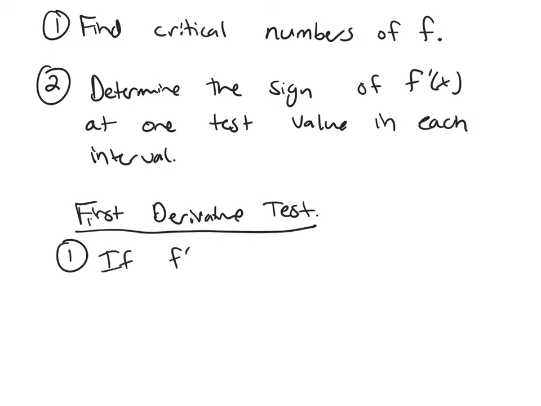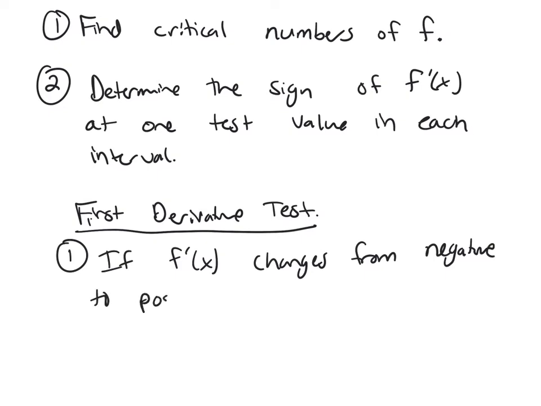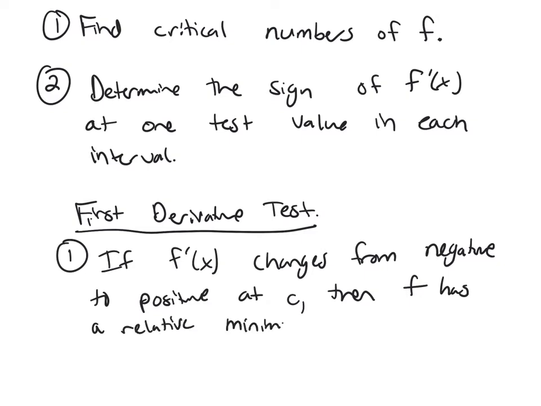If f prime of x changes from negative to positive at c, then f has a relative minimum at the point c, f of c.